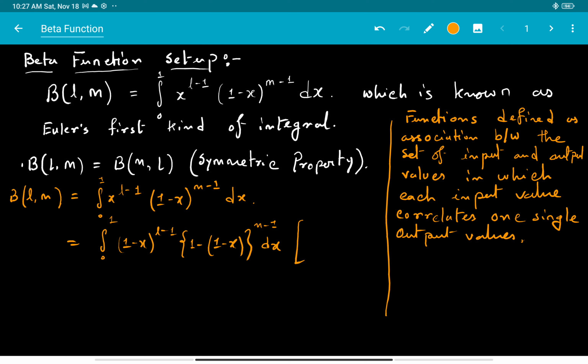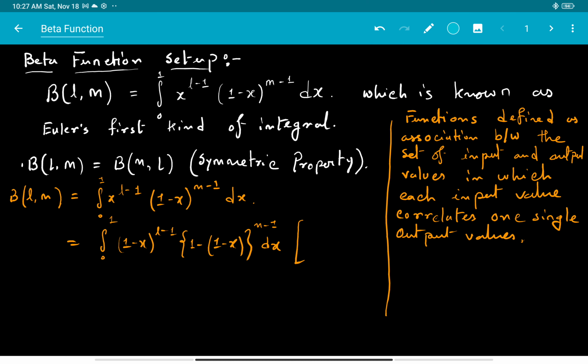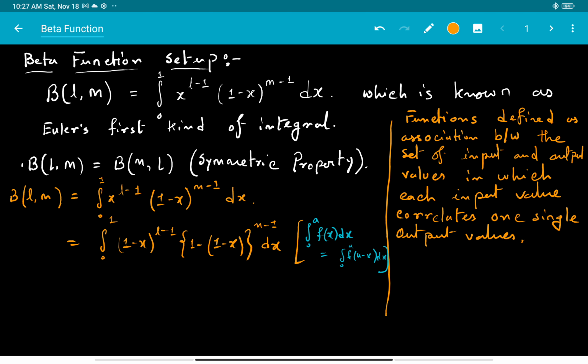We can define this from the idea that the integral from 0 to a of f(x) dx equals the integral from 0 to a of f(a minus x) dx. We know this.